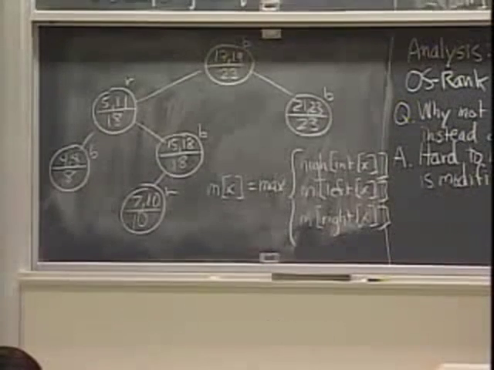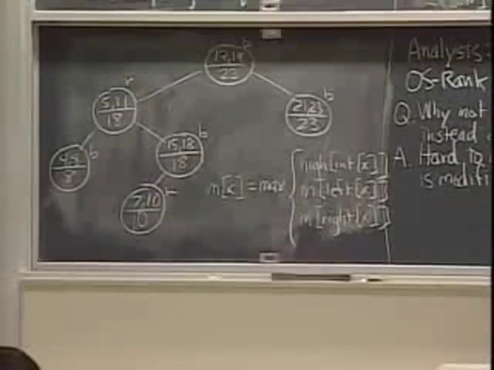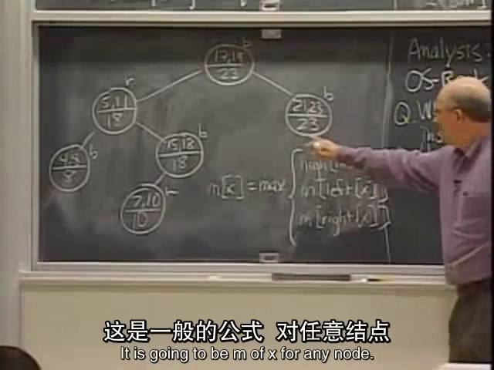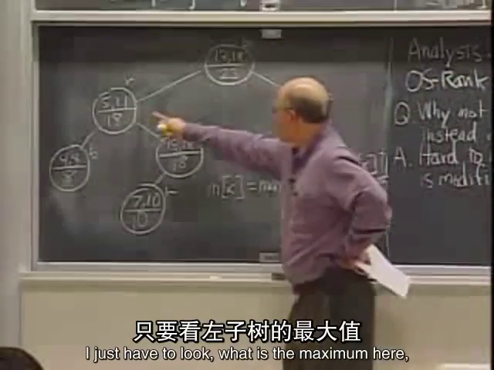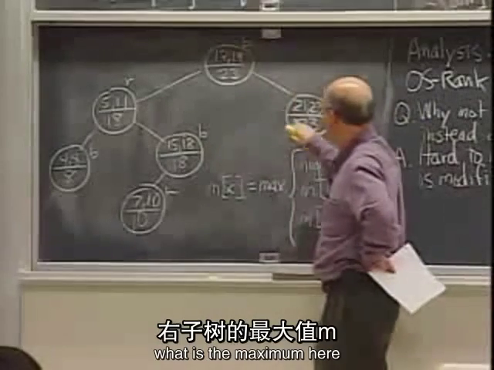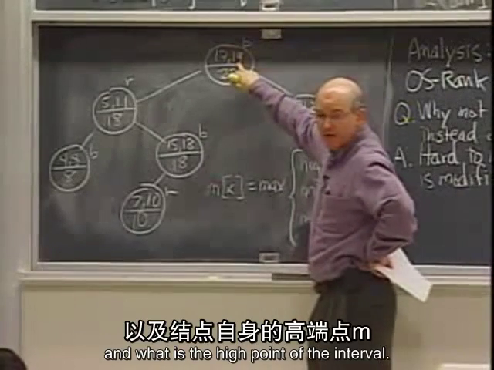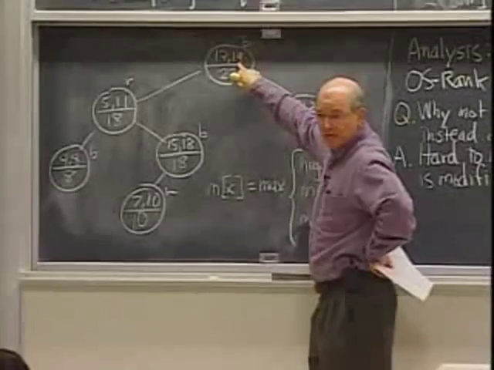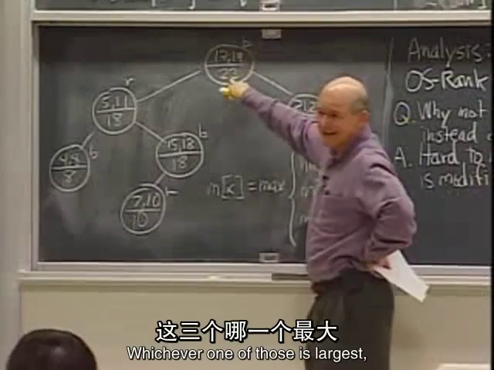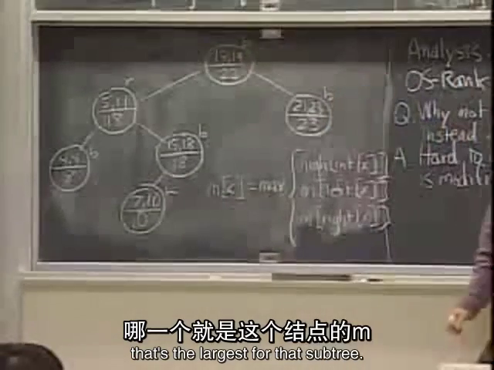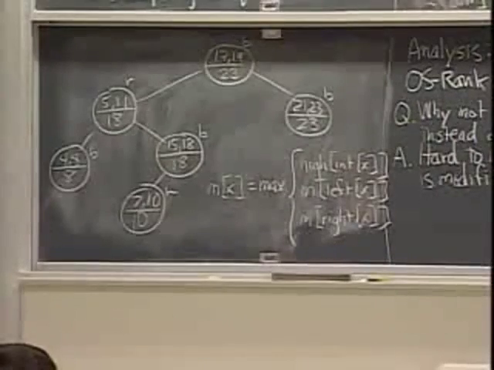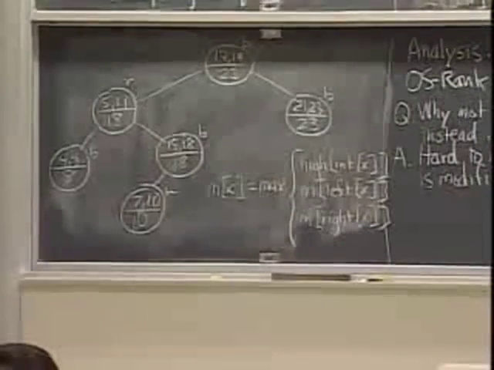Does everybody see that? So it's going to be the M of x. For any node, I just have to look: what's the maximum here, what's the maximum here, and what's the high point of the interval? Whichever one of those is largest, that's the largest for that subtree.